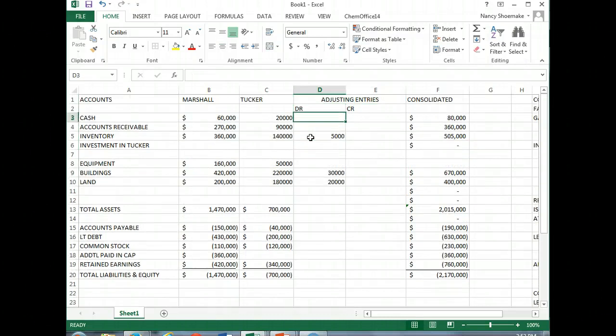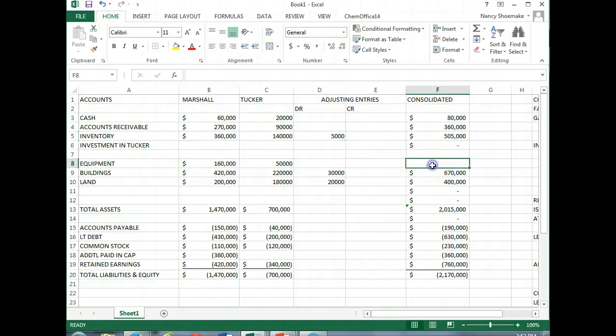So far, our cash is just going to be the two book values combined. Our accounts receivable is going to be the two book values combined. The inventory is going to result from the 360 plus the 140 minus the 5,000. No, excuse me, plus the 5,000.